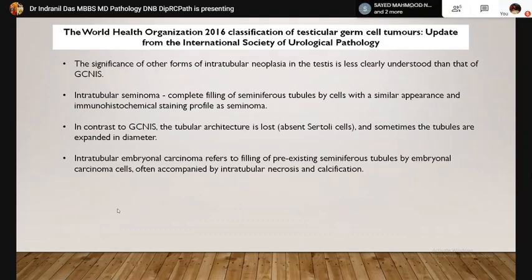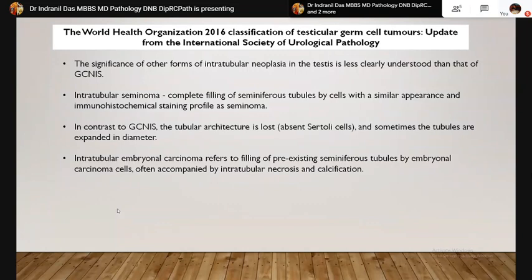The significance of other form of intratubular neoplasia is less clearly understood. Now, the intratubular seminoma is different from germ cell neoplasia in situ in the morphological features, in that in intratubular seminoma, the entire seminiferous tubule is filled with the seminoma type cells.